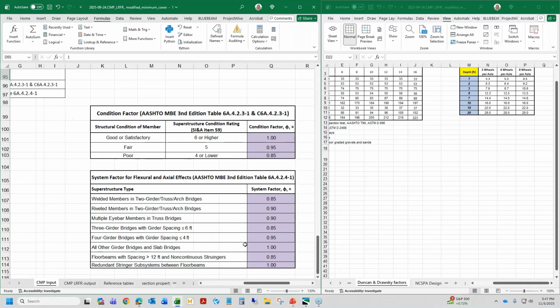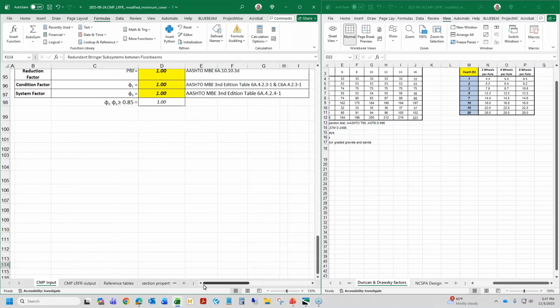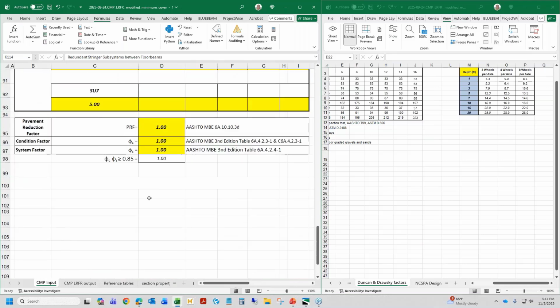In this particular instance, culverts aren't necessarily in here, but we look at it and say that all other girder bridges and redundant stringer subsystems are 1, and culverts are highly redundant. So using a 1 is a reasonable assumption.